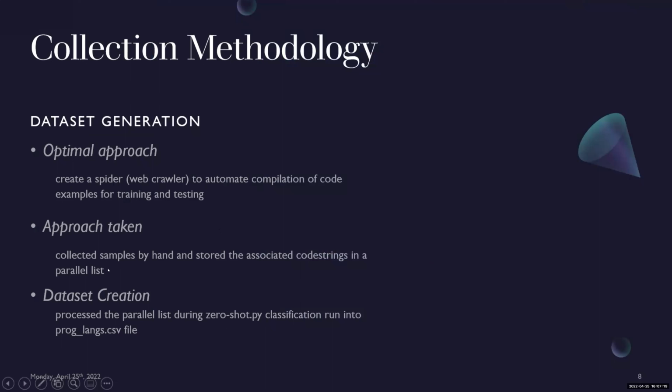The approach I did take was I just collected some samples by hand from W3 schools and a couple other sites. And then for my data set creation, I processed a parallel list that I had made. And during my zero-shot.py program, I classified it into a CSV file called programming languages.